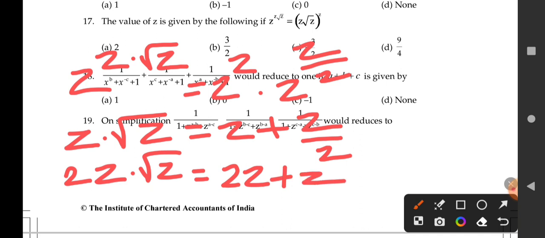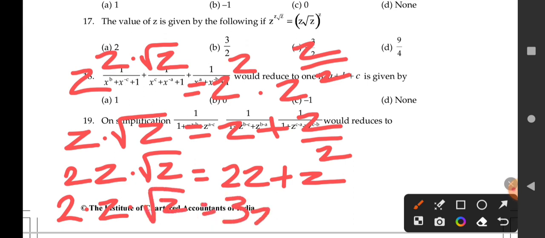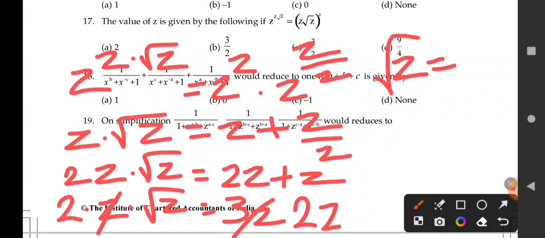So we have 2 into z into root z equals 3z. So 1z cancels with 1z. So we have root z equals, and 2 gets cancelled with 2. Root z equals z. Correct?